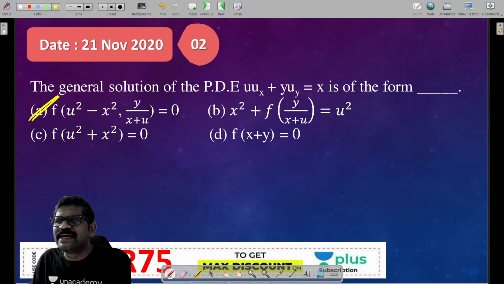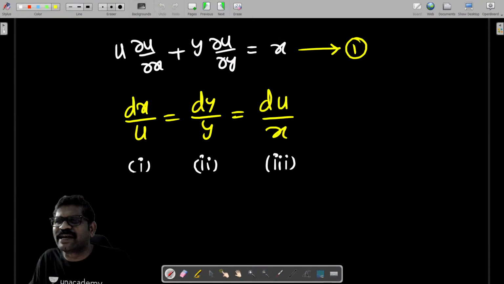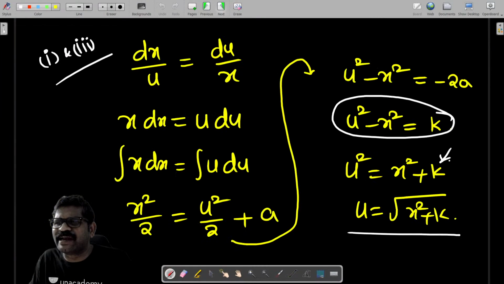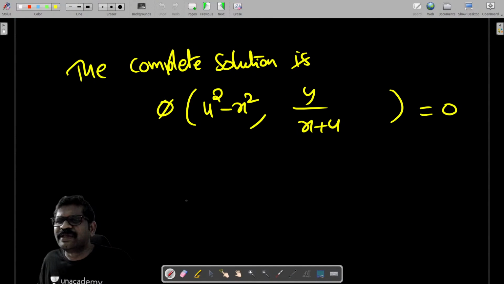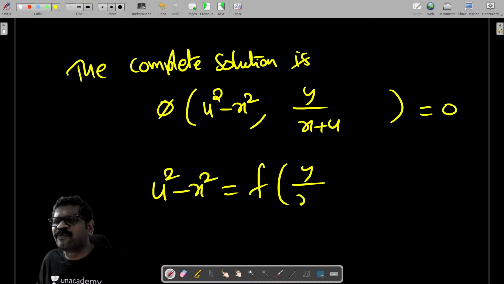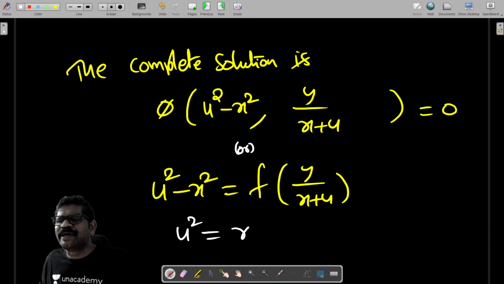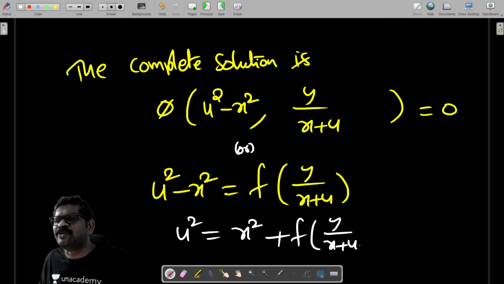Next, same solution you can write in another form also. Observe, u square minus x square equal to function of y by x plus u. This is also another form of solution in Lagrangian form. From this you can write u square equal to x square plus f of y by x plus u.